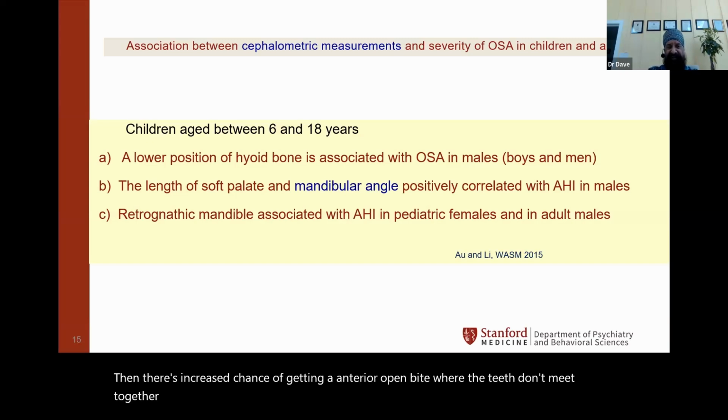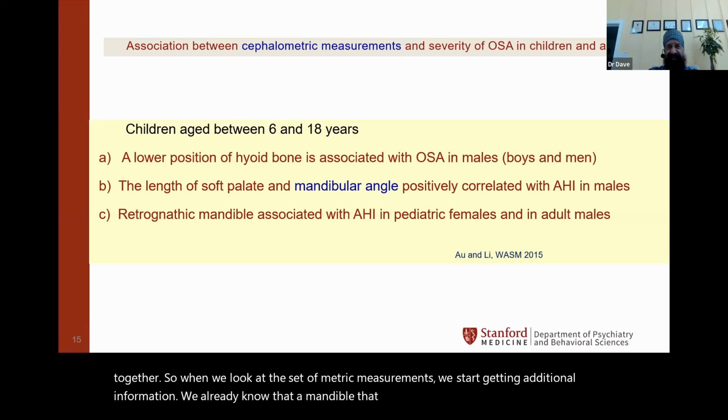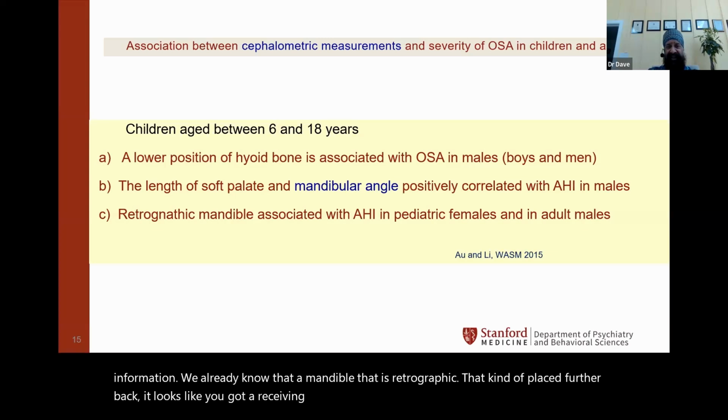So when we look at cephalometric measurements, we get additional information. We already know that a retrognathic mandible, placed further back so it looks like a receding chin, is associated with AHI changes in both pediatric females and adult males.